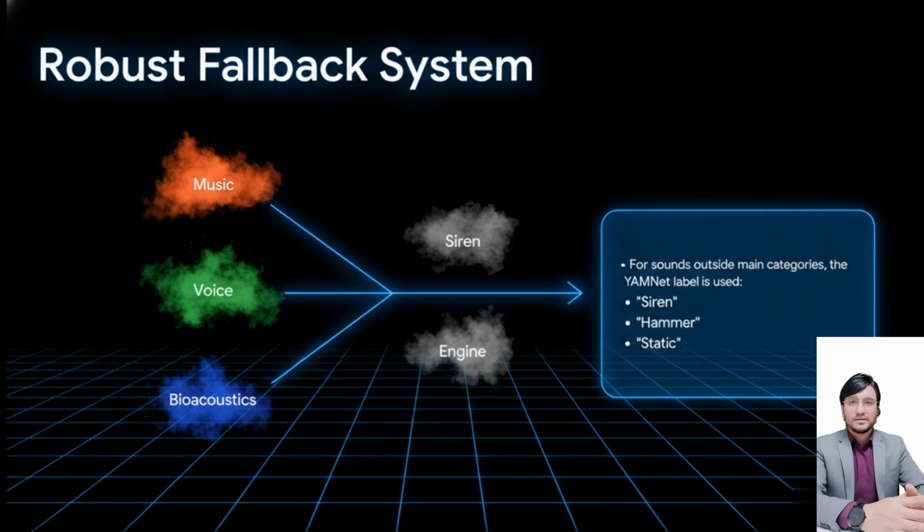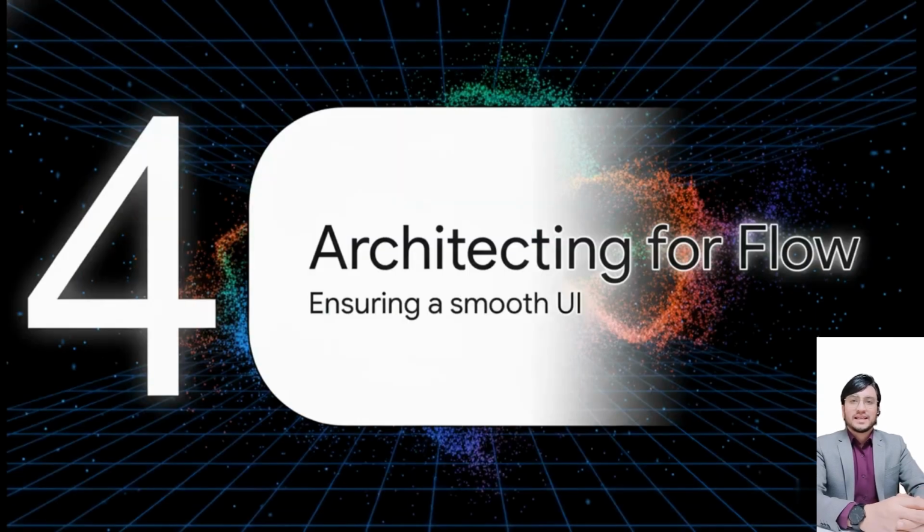Now, trying to display 521 different classes would be a little much for this kind of visualization. So the project's architect came up with a really clever aggregation strategy. The system takes a specific YAMNet prediction like birdsong, and then it maps it to one of three broad perceptual categories: musical instruments, human voice, or in this case, bioacoustics.